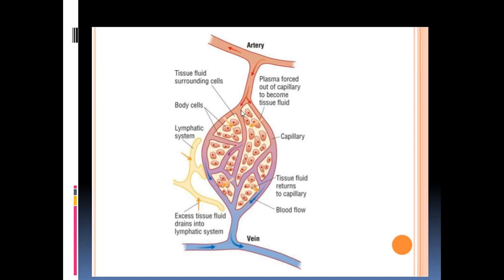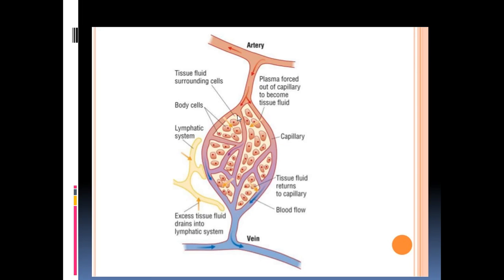But tissue fluid contains far less protein molecules than blood plasma, as most protein molecules are too large to pass through the capillaries. So whenever blood runs from the artery to the capillary, most of the blood plasma components tend to leak out except the larger protein molecules.